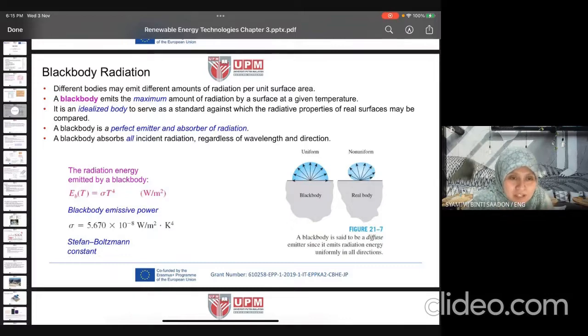A black body is a perfect emitter, an idealized body and absorber of radiation, because it can absorb all the radiation, compared to a real body.